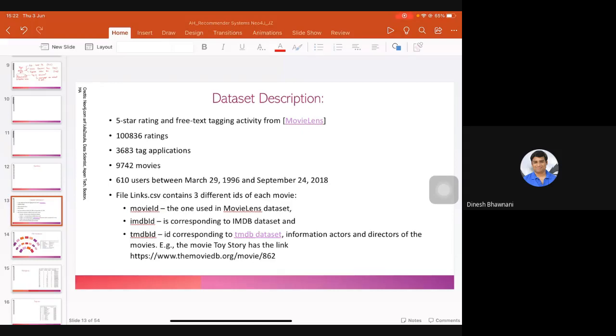And as you can see, this small sample, 12.5-year-old sample, has mapped 610 users. And there are 100,000 ratings for nearly 3,600 tags, 9,700 movies, and so on.